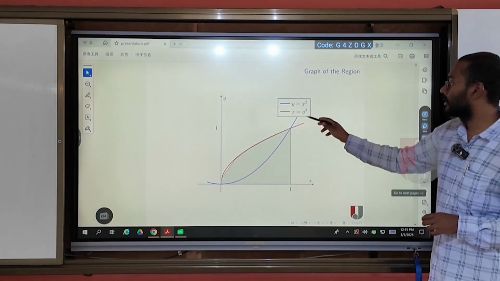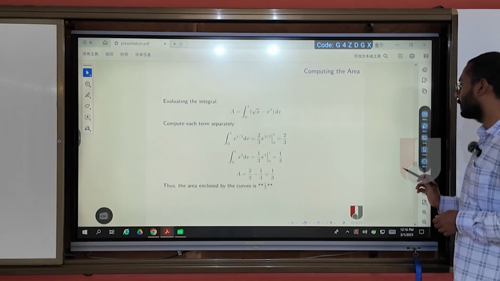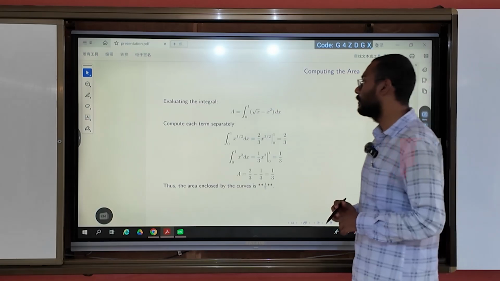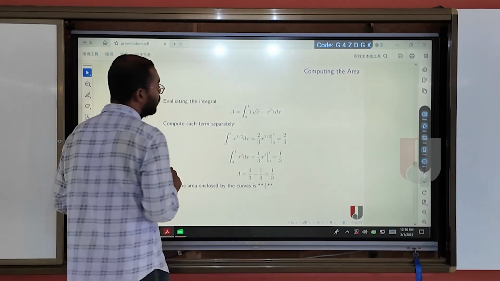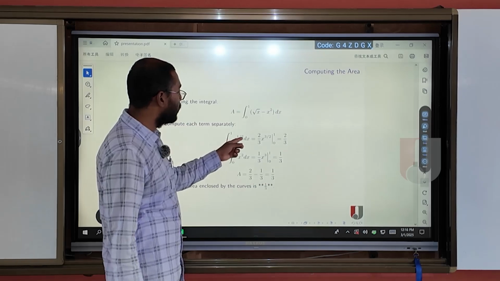See, that is y equal to x square and x equal to y square, so y equals root x. And now we simplify: integral from 0 to 1 of root x minus x square dx. Now root x is x to the power half.